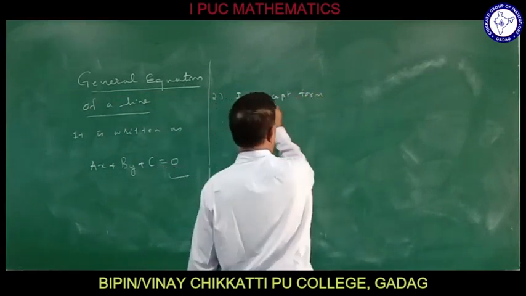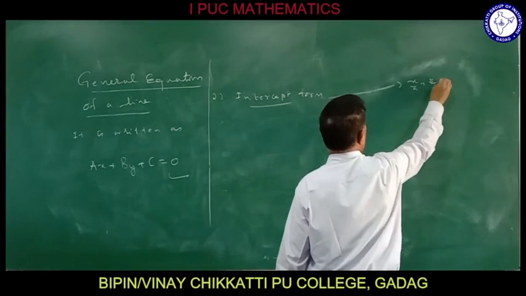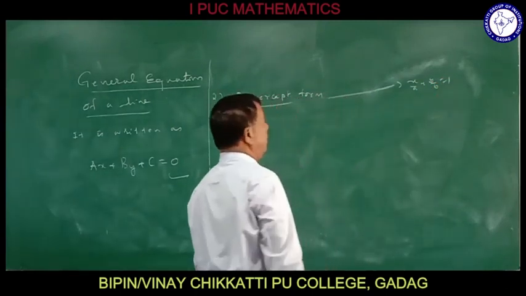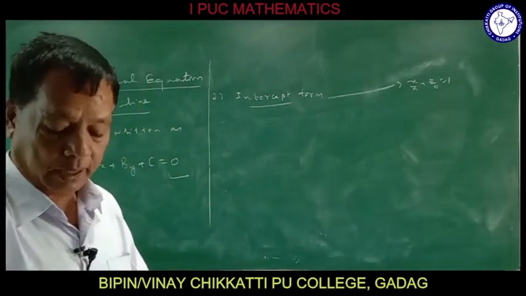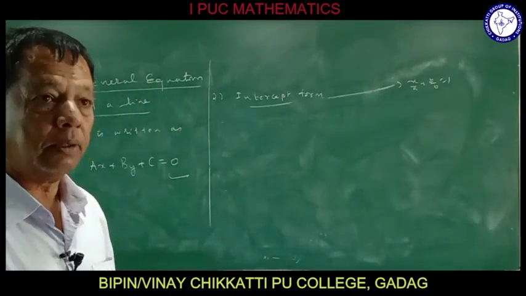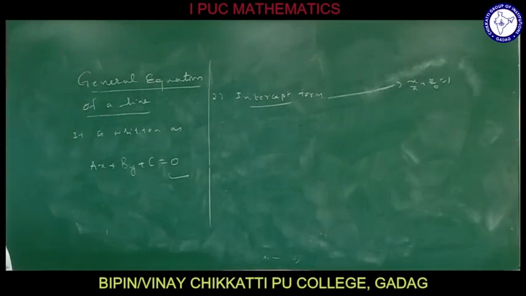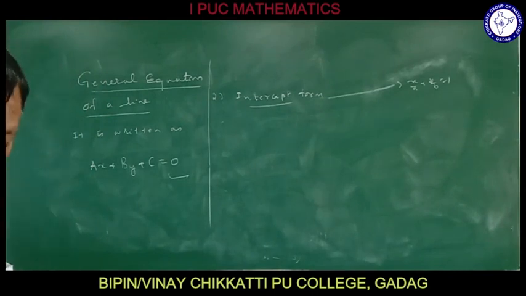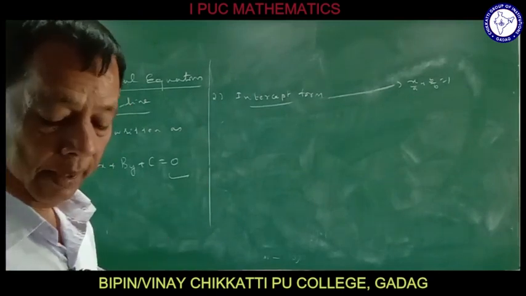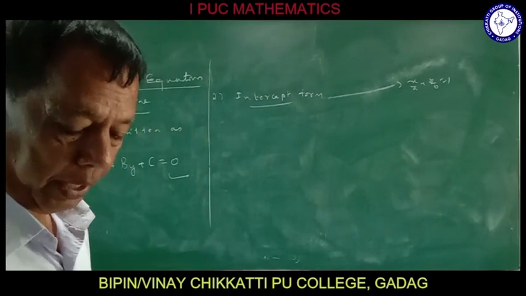The intercept form, as we have already discussed, is x by a plus y by b equal to 1, where a is the x-intercept and b is the y-intercept. Accordingly, you can understand that the slope intercept form is over, and here I am explaining how to reduce the general equation to this form.